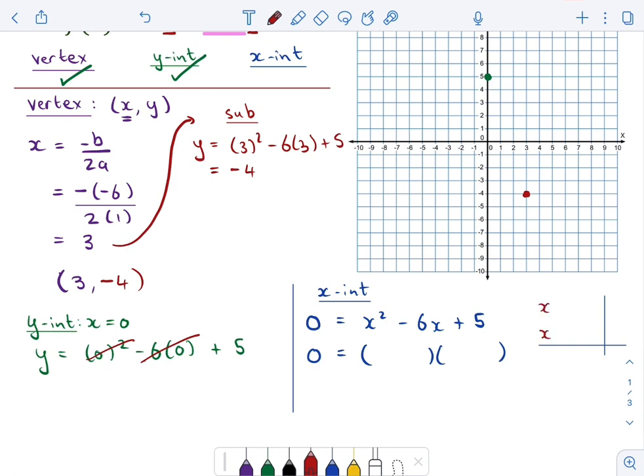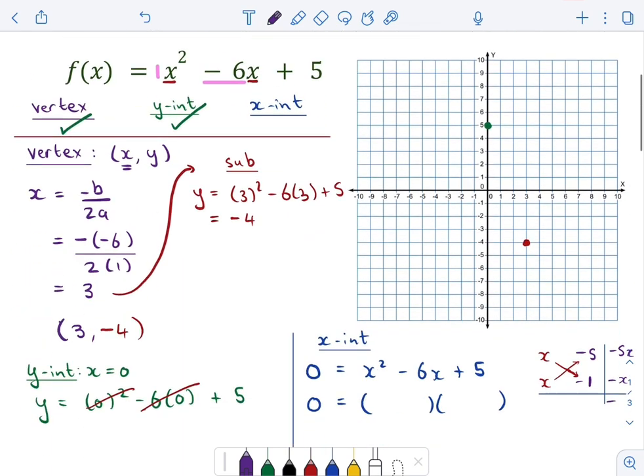I take the factors of 5 that would give me negative 6, therefore negative 5 and negative 1. And by multiplying across this way, I'll be able to get the inner terms, just like I was expanding. I would get minus 5x minus x, and together that makes minus 6x.